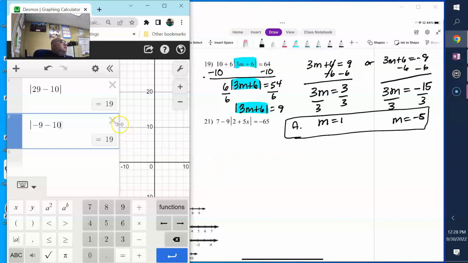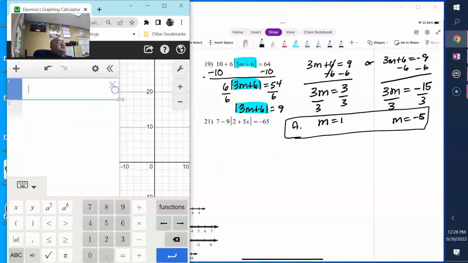Well, I give you permission to use Desmos to do guess and check if you get nervous. So here what you would do is you would write 10 plus 6, absolute value, 3 times 1 plus 6, and so does it equal 64? Yes.